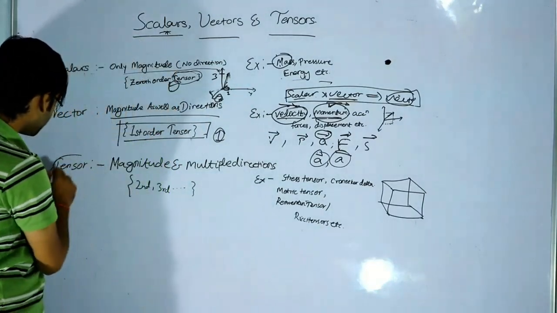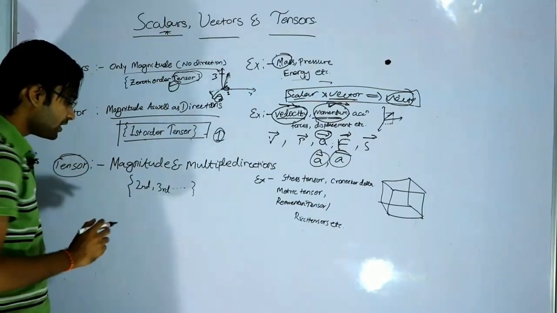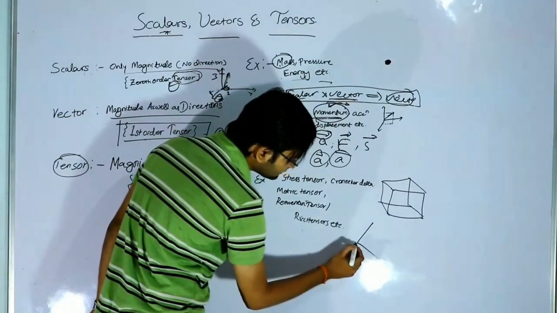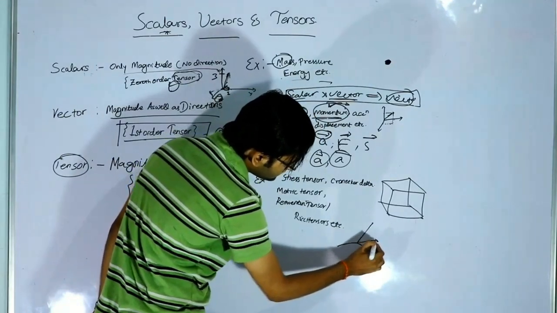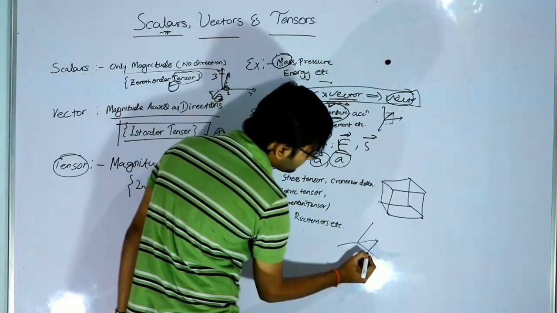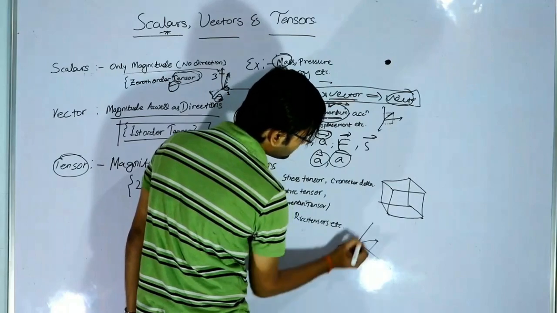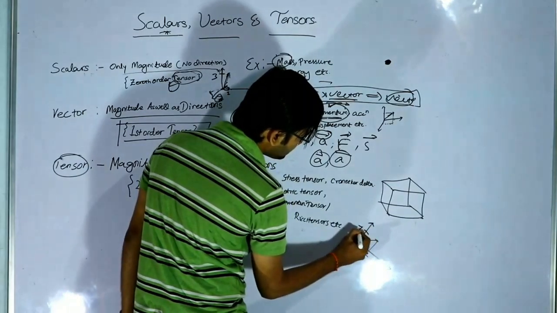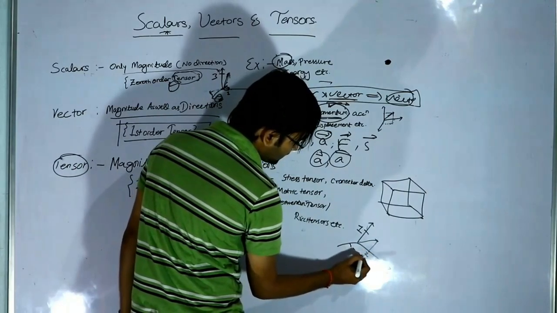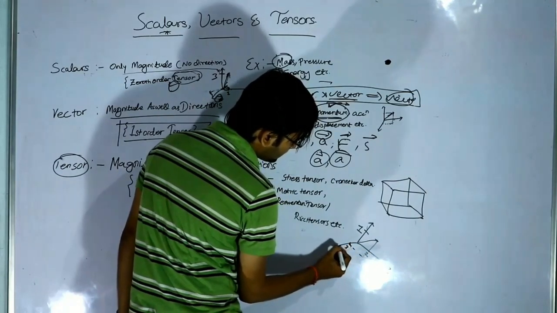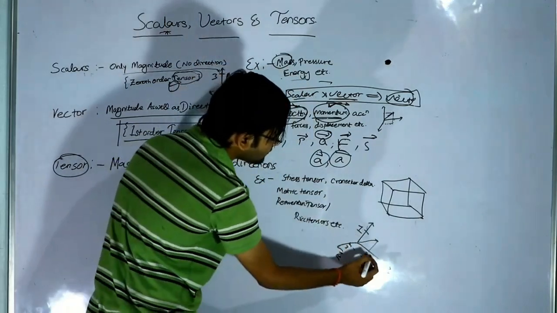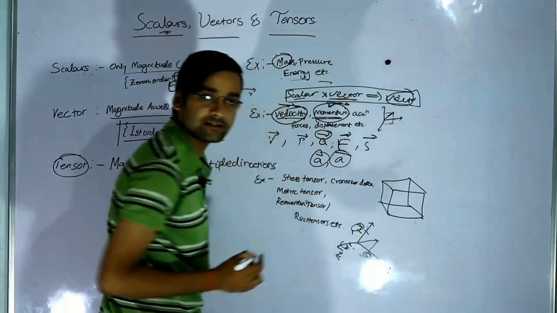The first basic concept of a tensor: suppose I have a coordinate system and I put a vector in it, with 2 times in the x direction, 1 times in the y direction, and maybe 3 times in the z direction. If I rotate the coordinate system by an angle theta, all these components 3, 2 and 1 will change.